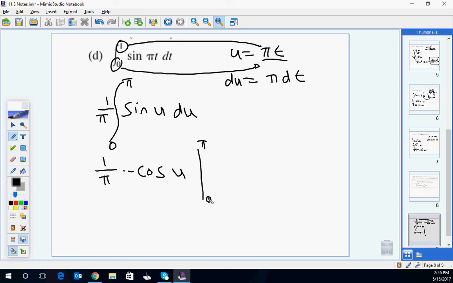What's that? How come you don't multiply 1 over pi? No, there's a dot there. It's a dot, yeah. Oh, okay. It's negative 1 over pi.